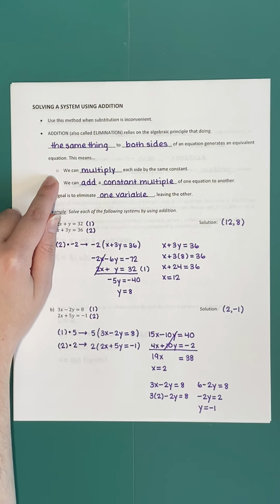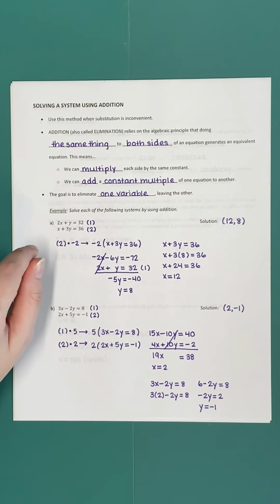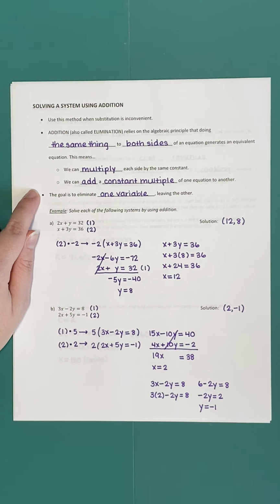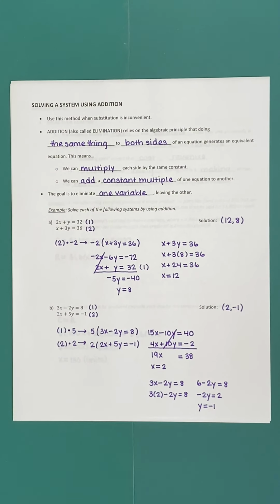Now, that seems a little bit vague. It's going to make more sense when we actually put some numbers in there, and I'll explain to you how this relies on this idea of balancing the equation. Now, the goal here is to eliminate one variable but leave the other variable in the problem. And this is going to result just by default from doing what we're going to do.